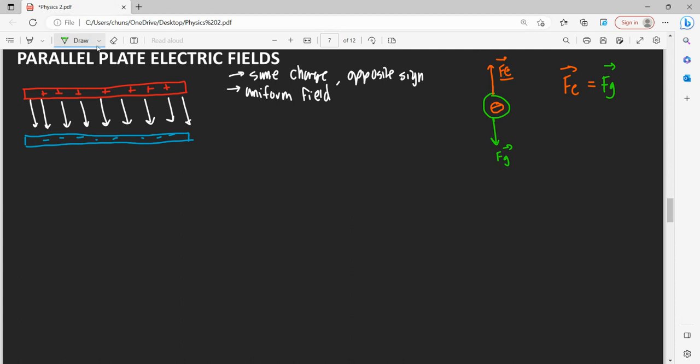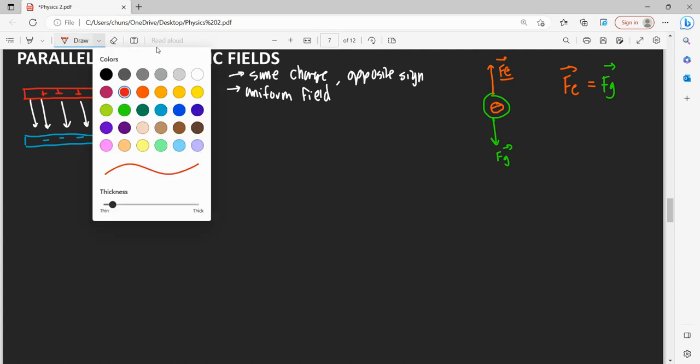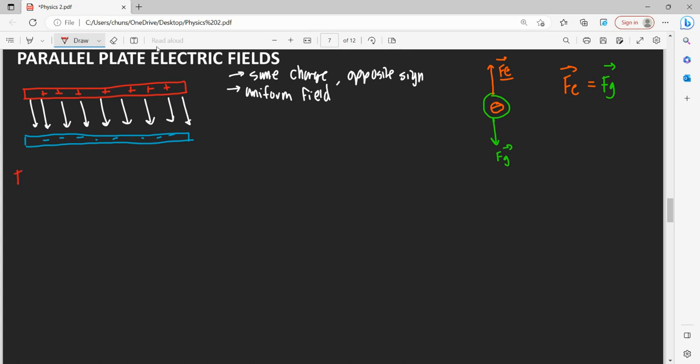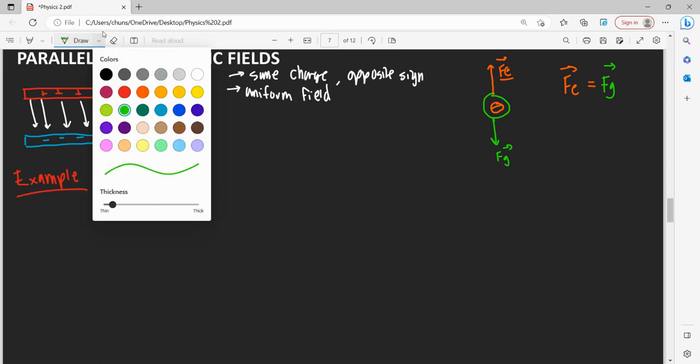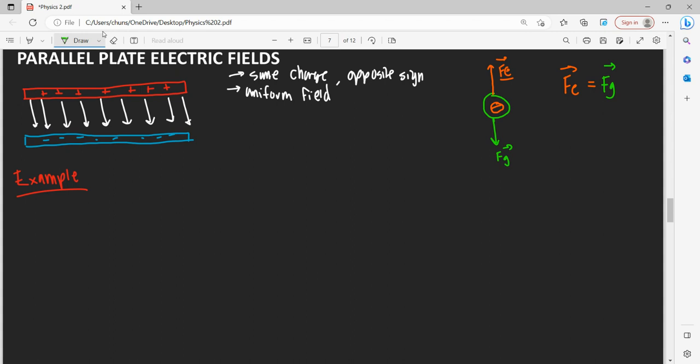So if we were to do a quick example of this, I'm just going to use this drawing up here because I don't really feel like drawing it again. But say we had a particle moving through and it got deflected.